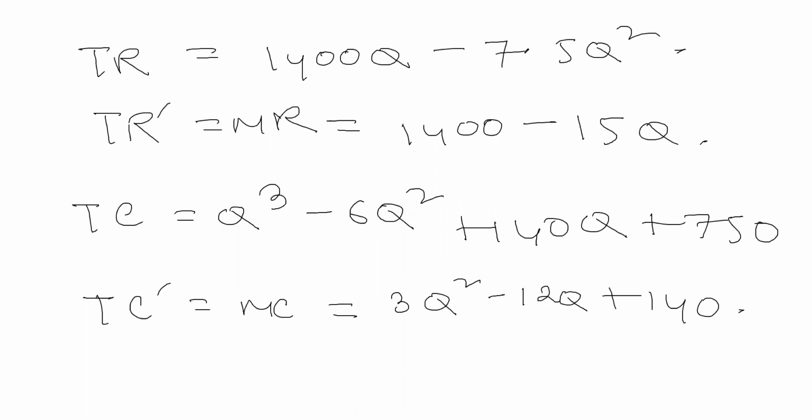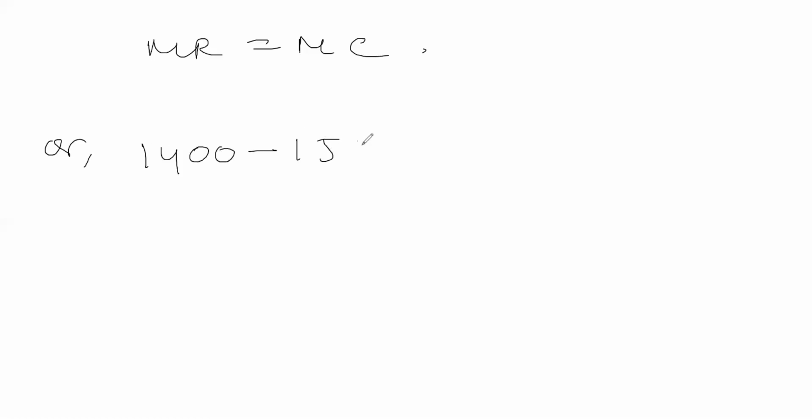Now let's equate these two equations to get the optimal level of Q. Taking MR is equal to MC in mind, we write that MR is 1400 minus 15Q, and MC is 3Q square minus 12Q plus 140.